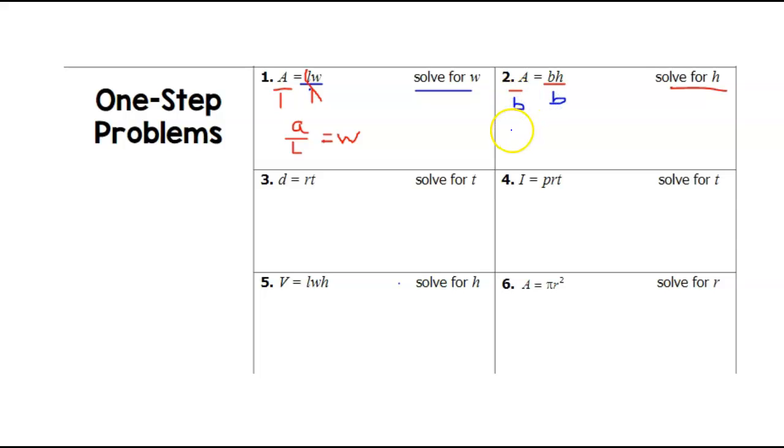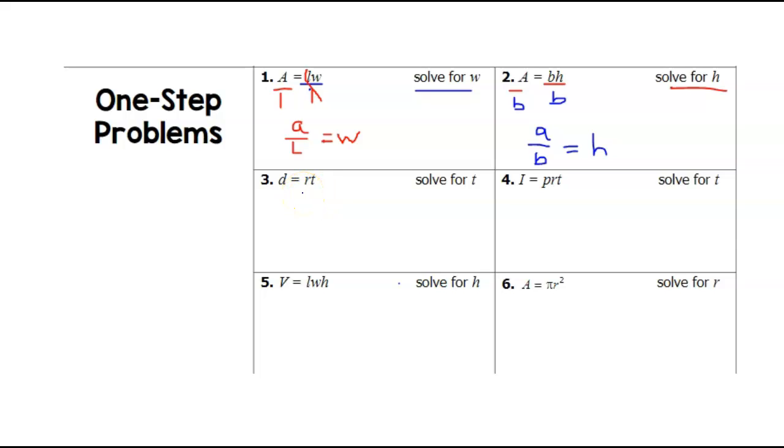On the left side, I get A over B, and it equals H. Let's do two more together, and then I'll have you try this by yourself.